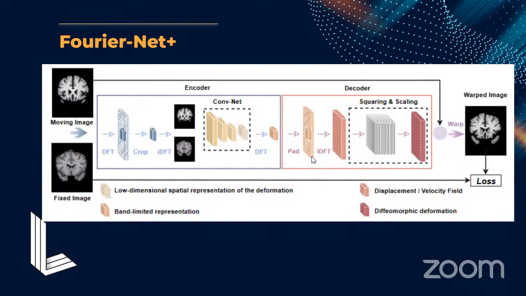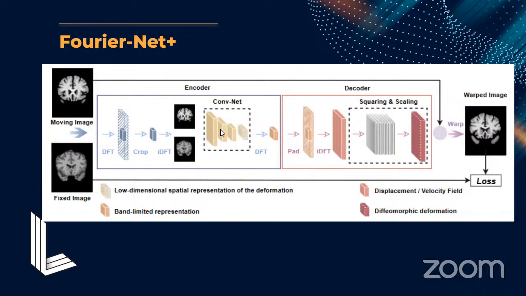The Fourier-Net plus model is quite similar to the Fourier-Net model, except for one major difference, which is the presence of a model-driven encoder, which converts the full resolution image pairs into their low-dimensional representations, which are then fed into the convolutional network.